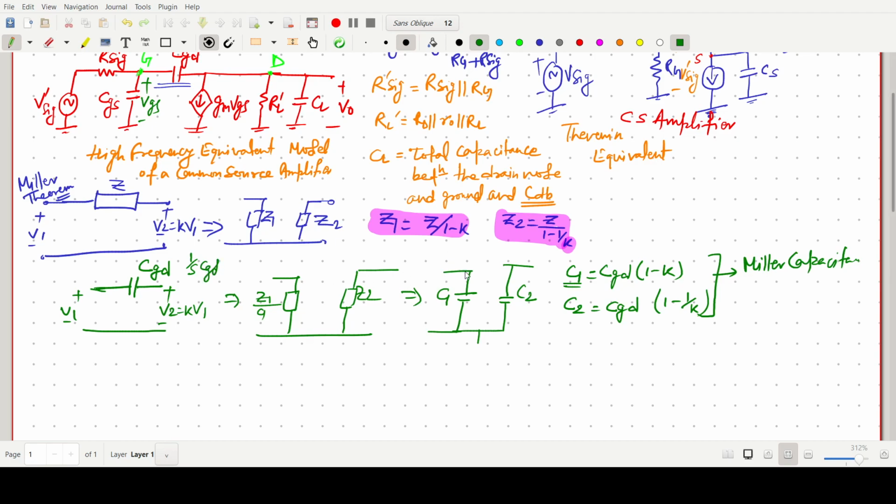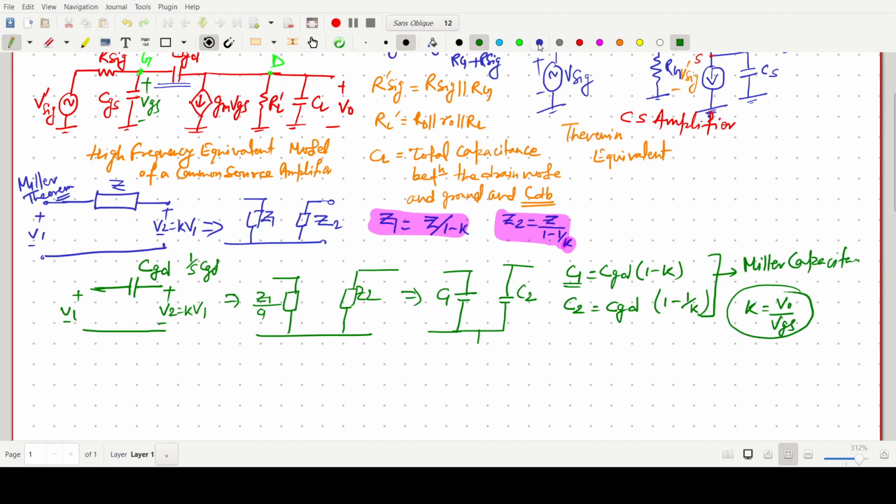Okay, so similarly we can write the Miller capacitance C1 equals CGD(1 - K), and C2 equals CGD(1 - 1/K), and this K is nothing but simply V0 by VGS. I already told this one is the gain, and this gain also depends upon C2, but for the simplification purpose we are telling this one is the gain K, V0 by VGS.